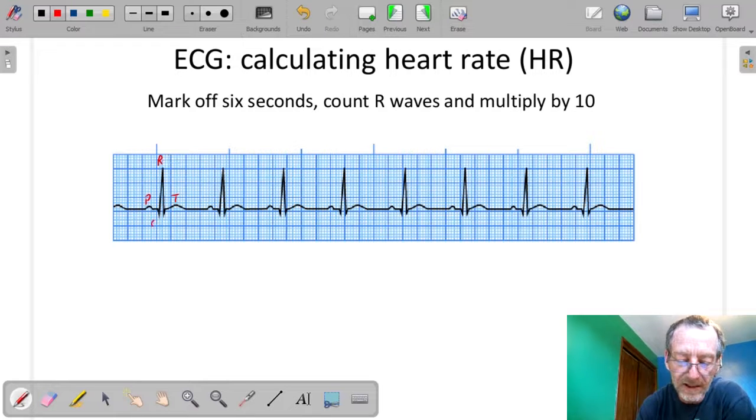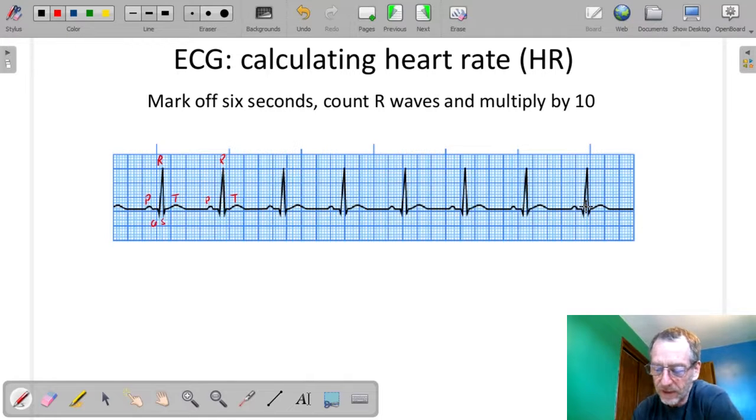Those are pretty easy. And then you have the Q and the S. But the significant features are the P, the R, and the T. Okay, so the question is, here comes the strip. It's right off the EKG machine. Your patient's right by your side. Maybe you're in an ambulance racing to the hospital. Maybe you're up on the floor and you're just monitoring the person.